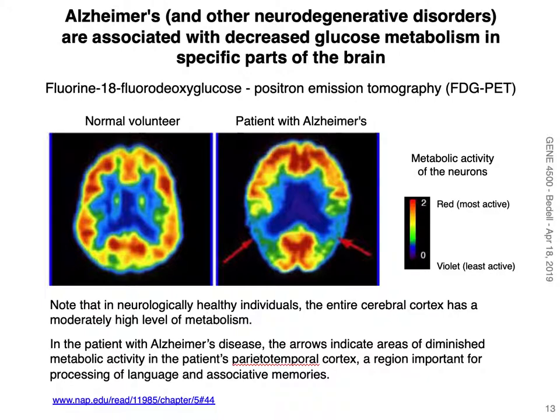I don't know if they're thinking that the altered metabolism is a consequence of the other pathology, or if altered metabolism is contributing to the pathology. Either way, it's pretty diagnostic. And I think they are developing or trying to develop some diagnoses based on MRI and other kinds of imaging.